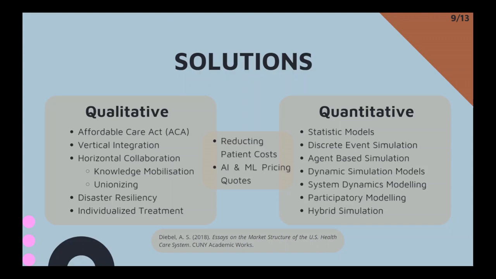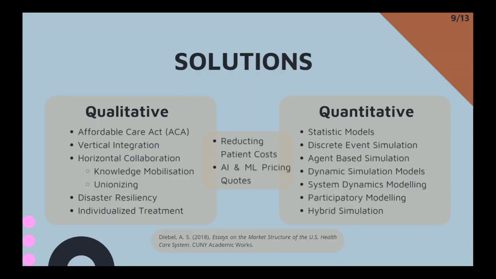Diebel finds that removal of existing vertical integration from the market decreases consumer welfare by $9.5 billion a year. The author admits that a lack of vertical integration is somewhat better financially for hospitals and insurance companies. However, findings show that due to competitiveness between these institutions, only some do better while others suffer.